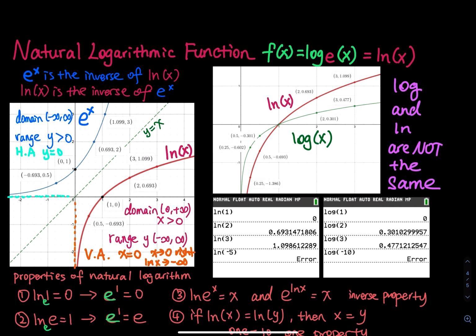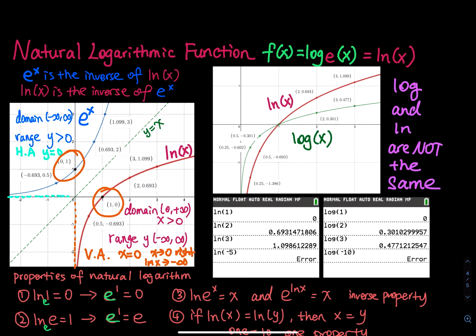And then what about y equals x? y equals x helps me to show that e to the x and ln of x are inverse functions of each other, because y equals x allows them to exchange the x and y coordinates. Let's take a look. The first point that I want you to look at is (1, 0) and (0, 1).